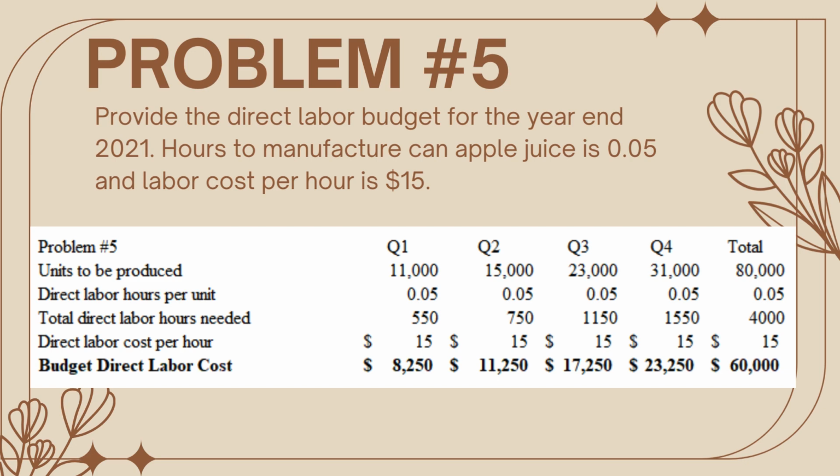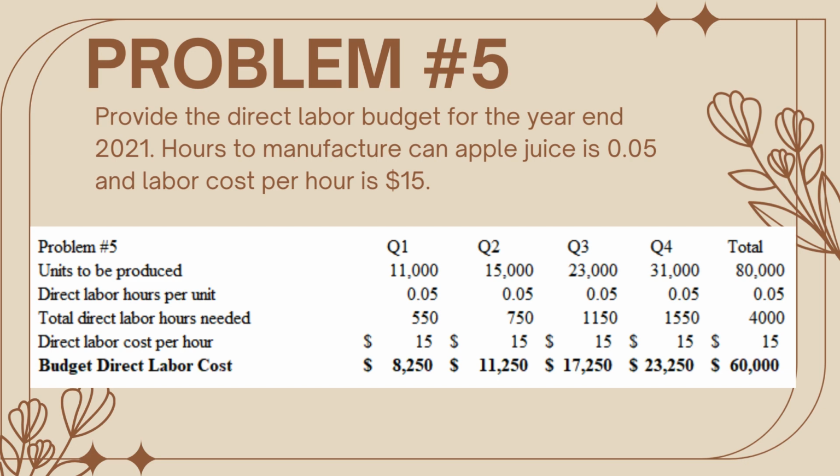So for the next problem, we will just provide a direct labor budget for the year end 2021. The hours to manufacture canned apple juice is 0.05 and labor cost per hour is $15.